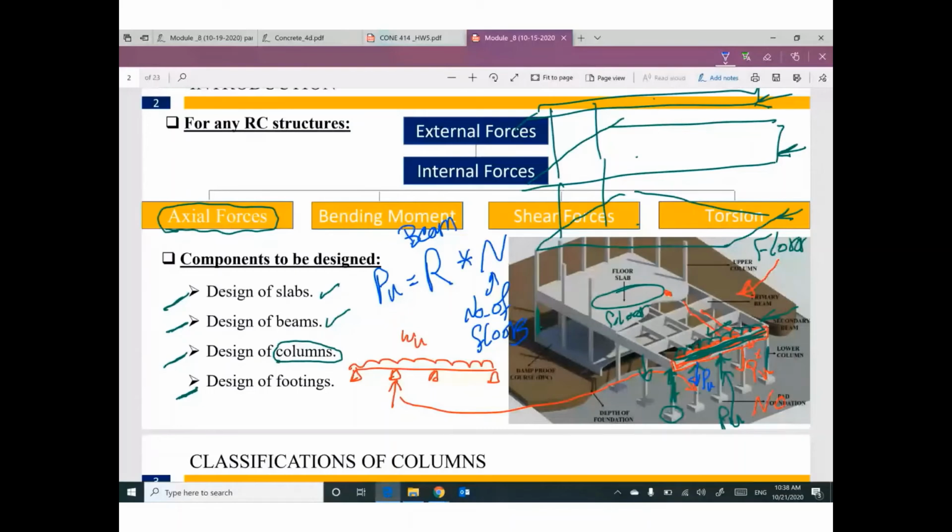Reaction of one beam is the reaction on this column, that's right. But this reaction is coming from one floor. Probably this column is supporting multi-story floors, so you have to multiply this reaction by the number of floors in the building.